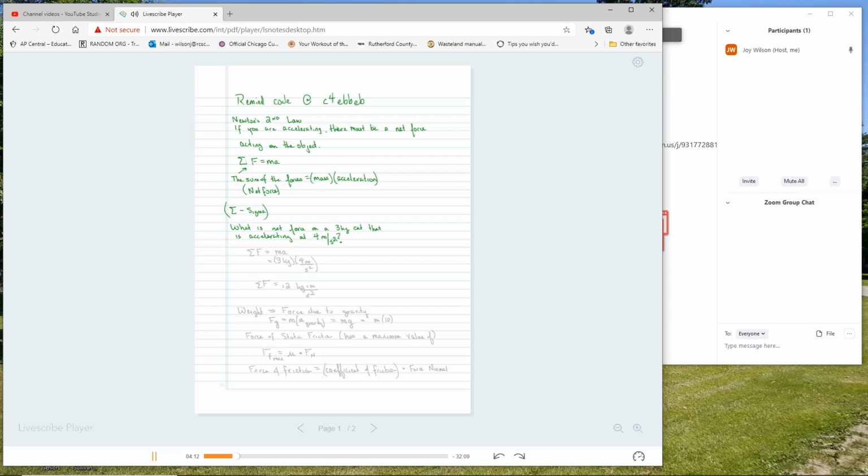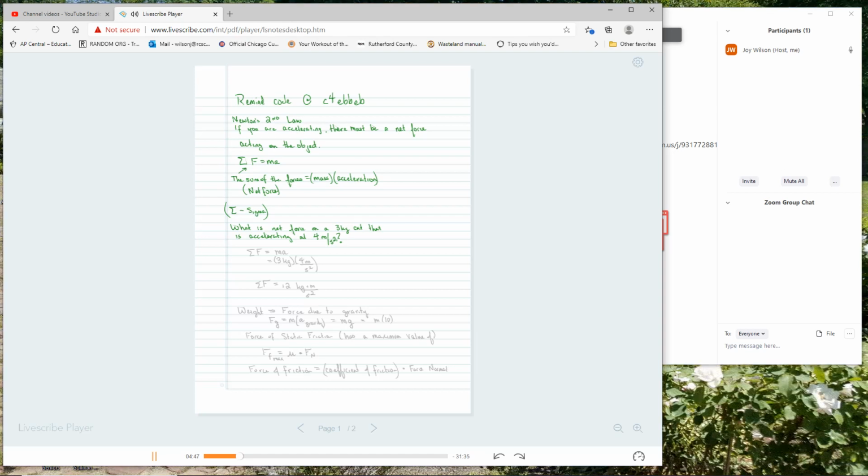So when we ask for the net force, that's the extra amount that we have that's not balanced by the other things. So what is the net force on a cat that is accelerating at 4 meters per second squared?